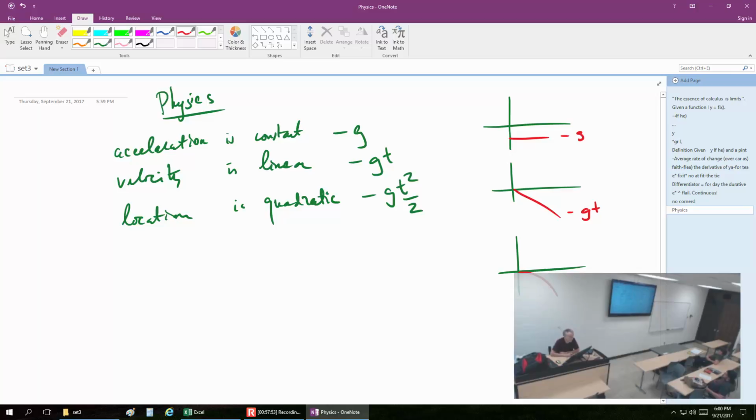So that's the physics. If you're not sure about this, you can always just go through differentiation. Going backwards, we're not really prepared yet to go forward from acceleration to velocity to location. We're interested in differentiation for now.